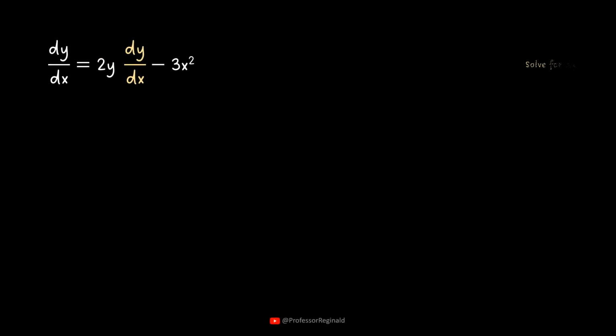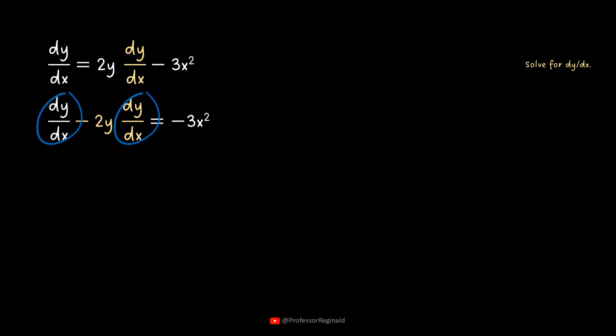Solve for dy dx. Group the terms with dy dx on one side and the other terms on the other side. Next, factor out dy dx.